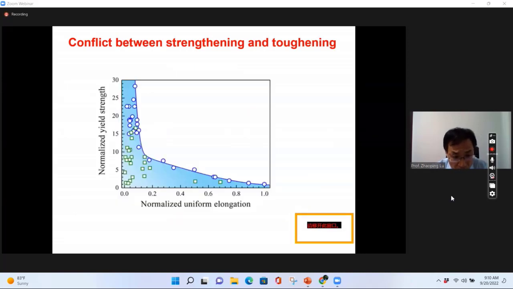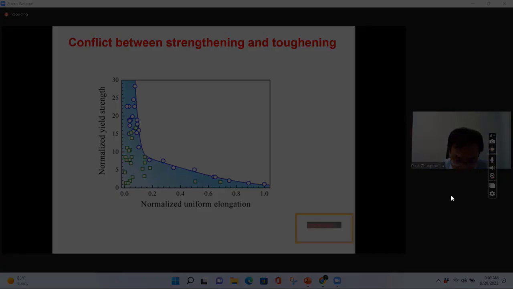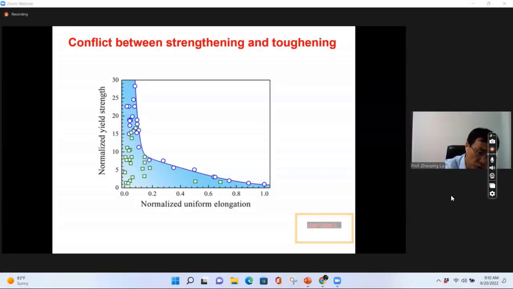This is the reason why we normally see this kind of banana curve: with increased elongation, the yield strength drops. This kind of trade-off becomes more severe when you go to the higher strength region.